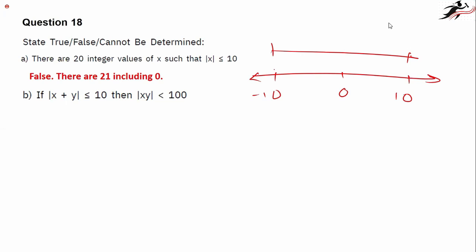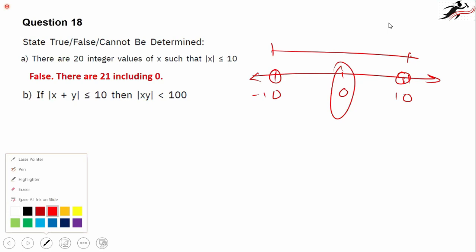Equal to 10 is there. That means these points are also included. So 0 to 10, that's 1, 2, 3, 4, 5, 6 up to 10. And minus 1, minus 2, minus 3 up to minus 10. So 10 positive, 10 negative, total 20. And the middle value 0. That's 21. So that's why total values are 21. Hence the statement is false. Okay? Nihal, check again. Mod of minus 20 becomes plus 20. Is it less? No, right? Okay.